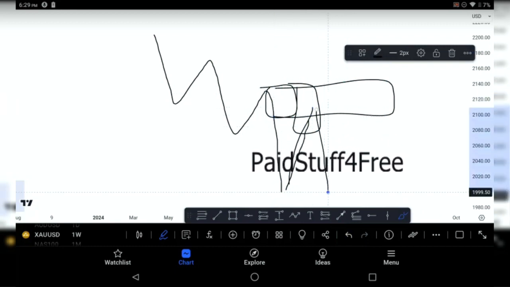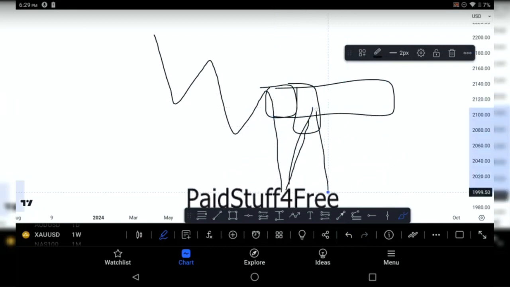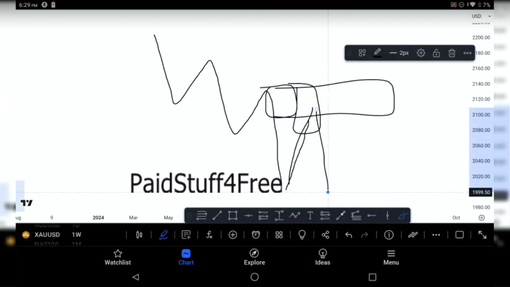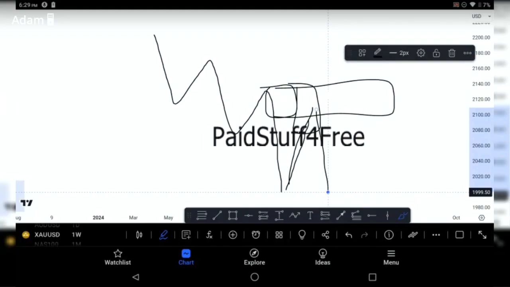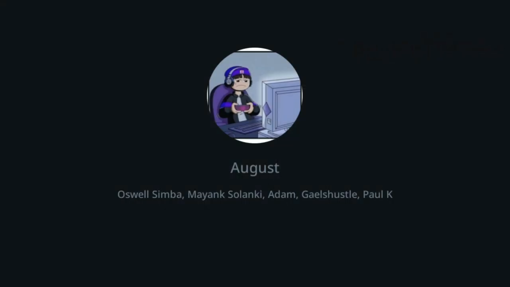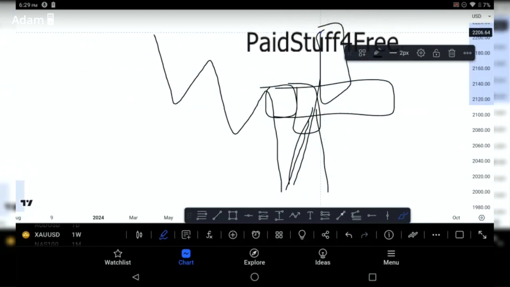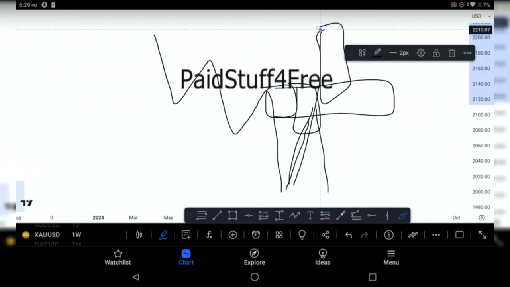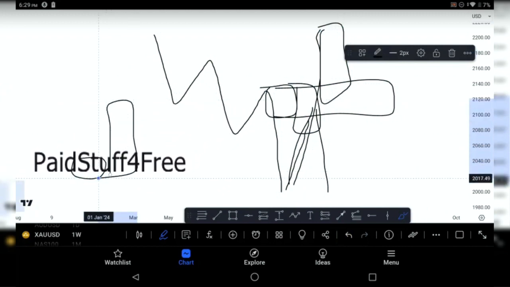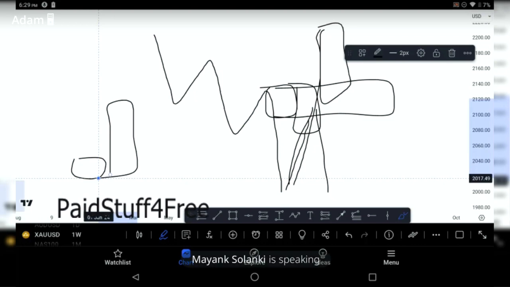I'm expecting to sell, but price wanted to do its thing, because we can't tell what price will do. We can only react according to what price is telling us. Whenever we see an engulfing failed, it tells me that price wants to go down, so I have to calculate my risk and know where I'm selling from. Now this is a weekly engulfing sell zone, and then price breaks and closes above. If you switch to a monthly time frame, it should form an engulfing buy. Do you guys understand? Yeah.